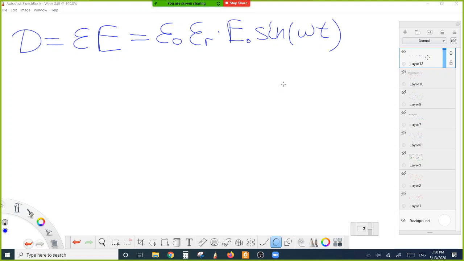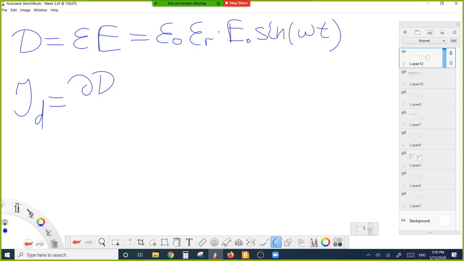Now we know D, and we can compute the numeric values. Or better, let's compute the derivative of D with respect to time, and after that we'll put in the numeric values.